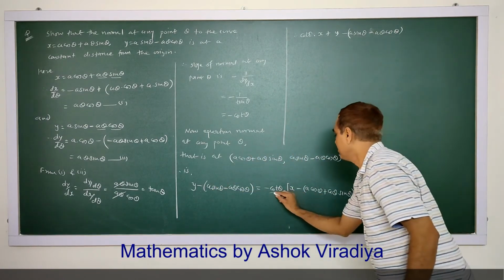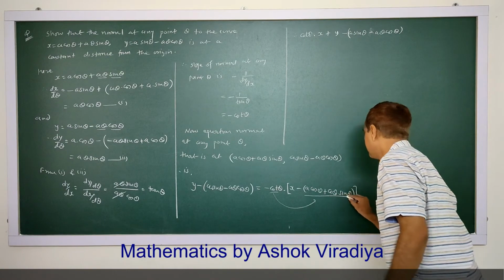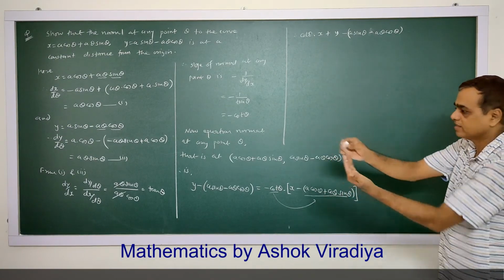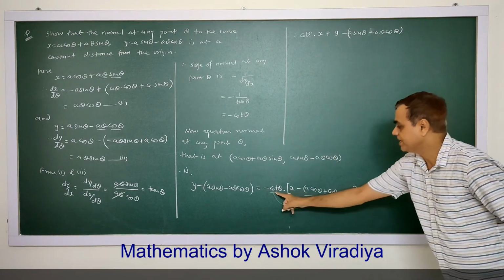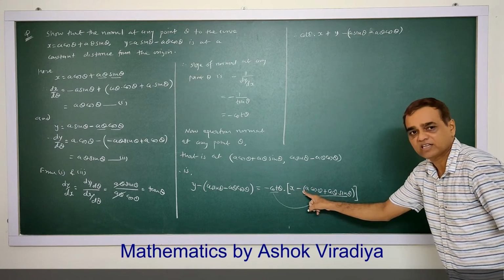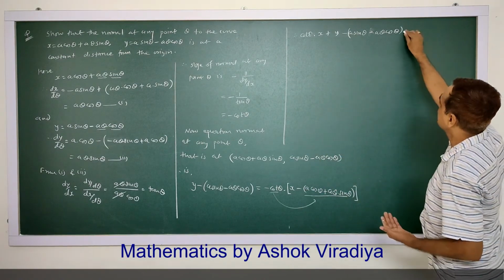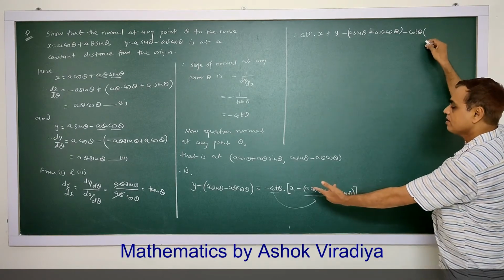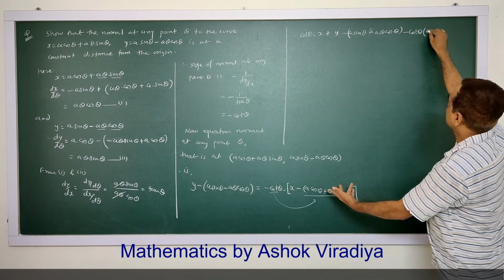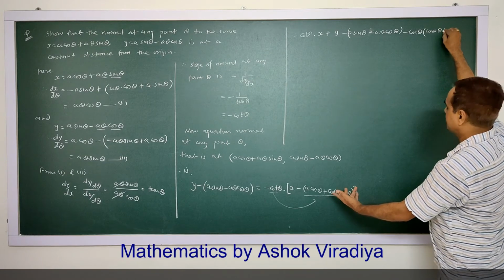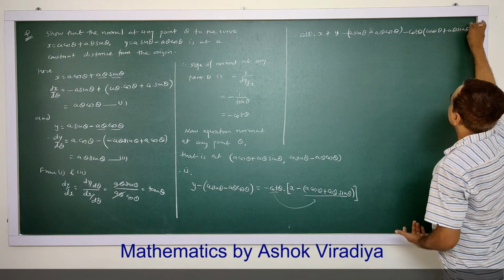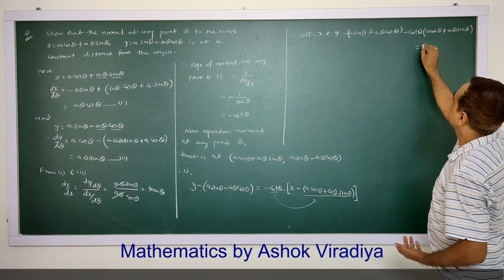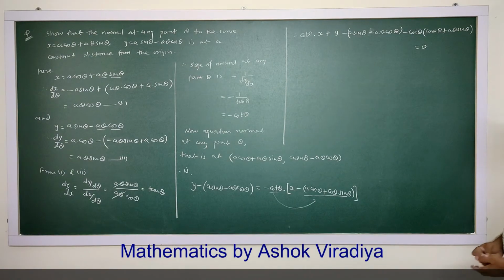Now this number, after multiplying with this, we shift to the other side. So it will be minus cot theta into minus is plus cot theta. So taking on that side, it will be again minus cot theta into a cos theta plus a theta sin theta equal to 0.